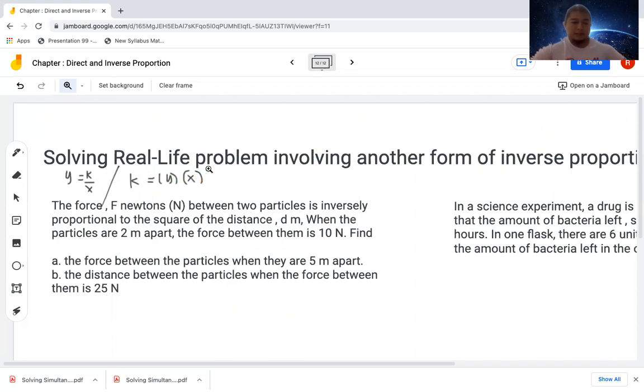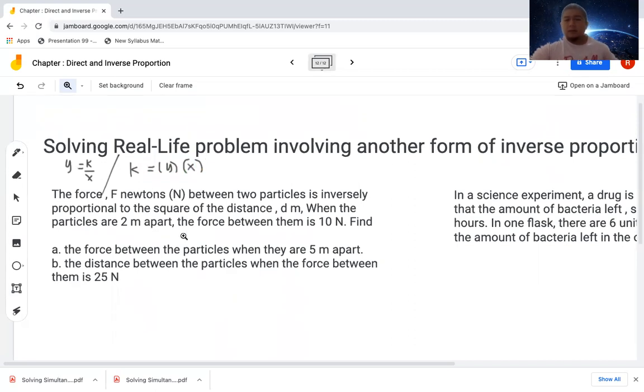So knowing this, all you need to do is to understand there are some portions of this question that will give you the clue on where the equation must be taken. So it says here, the force F newtons between two particles is inversely proportional to the square of the distance.